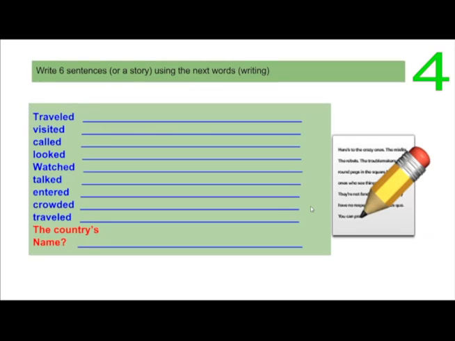Now, option number 4 is writing, right? So write 6 sentences, or you can ask them to write a whole different story, or you can ask them to write only 5, or as many sentences as you think are needed. So it says write 6 sentences or a story using the next words.